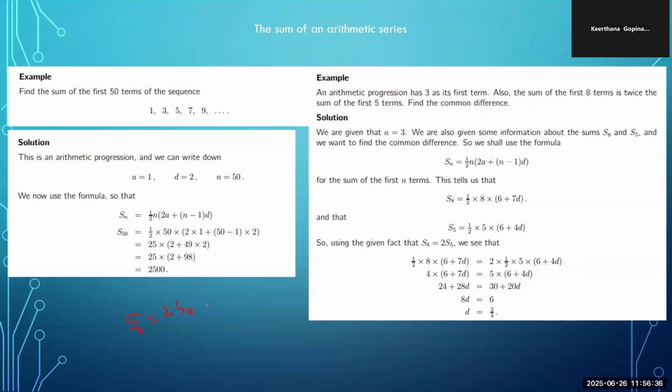Read it: an arithmetic progression has 3 as its first term. The first term a is 3. The sum of the first 8 terms is twice the sum of the first 5 terms. If you have to write it down, you have to write it like this: S8 equal to 2S5.